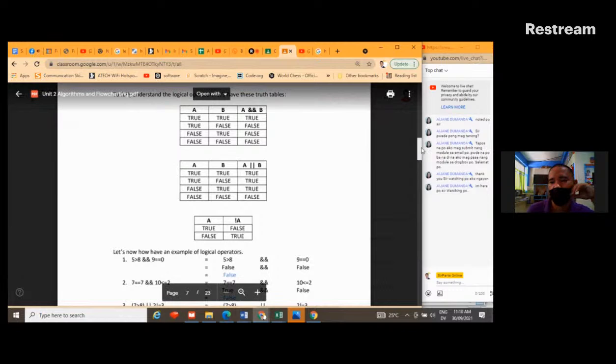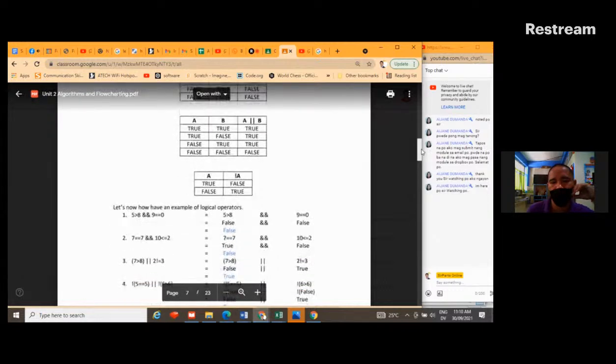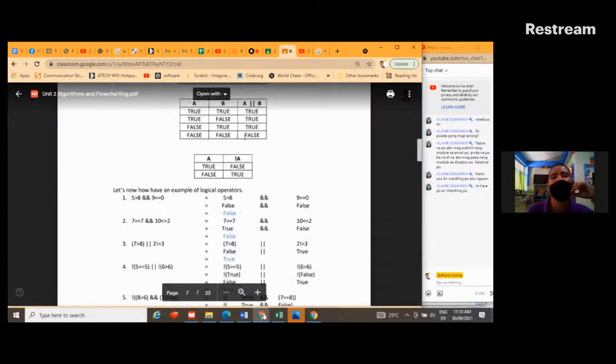And let's go next. For logical OR, if one of the inputs is true, the output would be true. The inputs here are A and B, and you have to look at here and also here, and this will be our output.